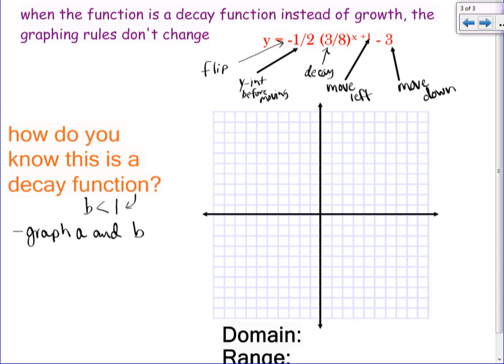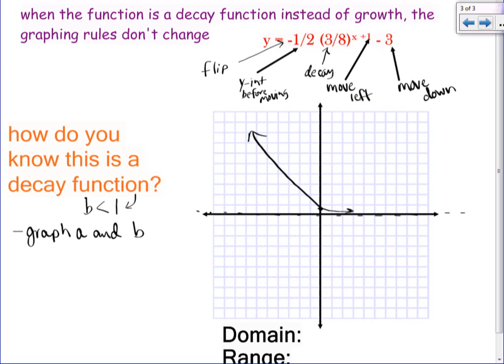Okay, 1/2 is your y-intercept, so we put a dot right there. Now a decay function just means it's getting smaller, okay, or less. So instead of being growth where it grows up and to the right, decay slides downhill. Okay, our asymptote is still on the x-axis, but it's not growing, it's decaying.